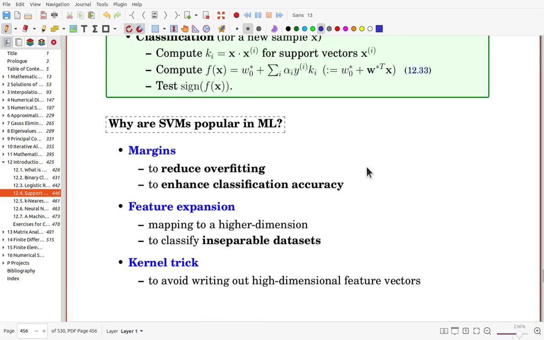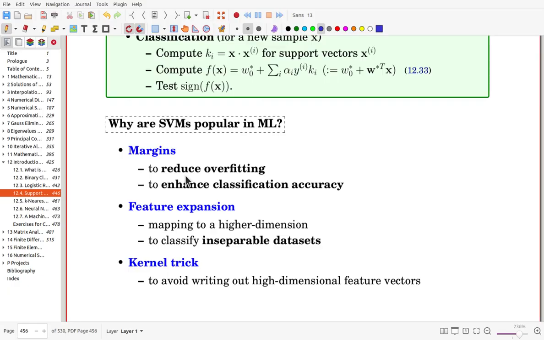Okay. Now, why are support vector machines popular in machine learning? It is the margin. We try to maximize the margin, and eventually it will reduce overfitting and also enhance classification accuracy. So it is better generalization.